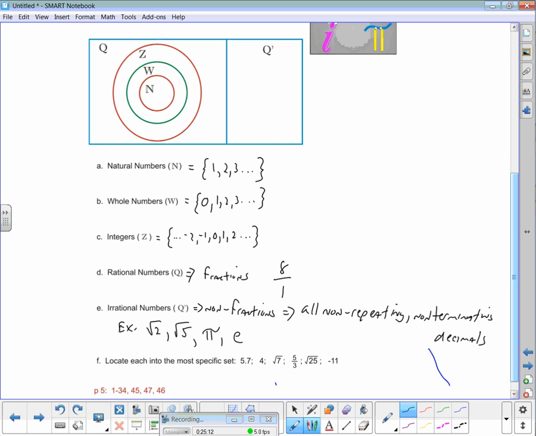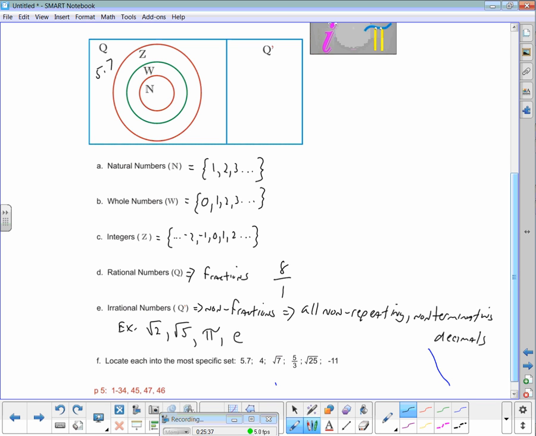It ends at 5.7. Is it a natural number? No. Whole number? No. Integer? No. Is it rational? Can you make 5.7 a fraction? You can. It is rational, which is Q, which you're going to put somewhere inside of Q, right? Q is outside of Z inside the blue box. So 5.7.